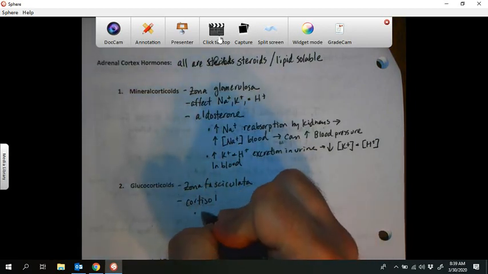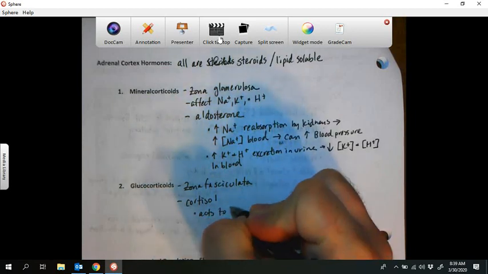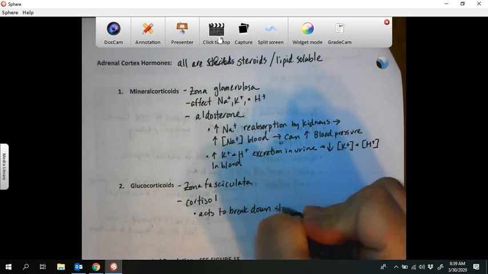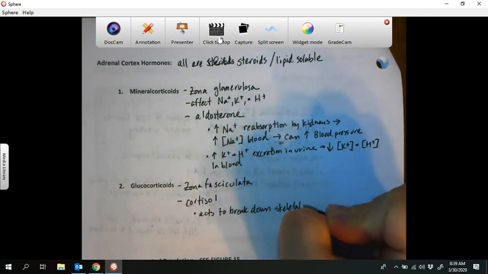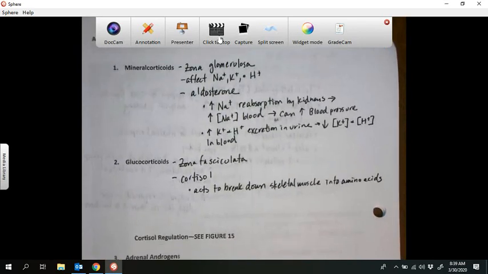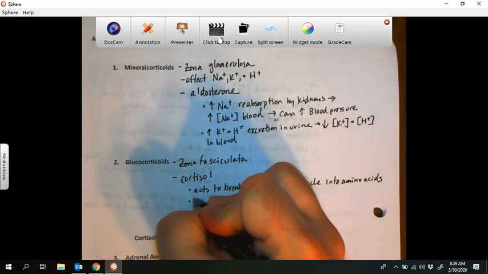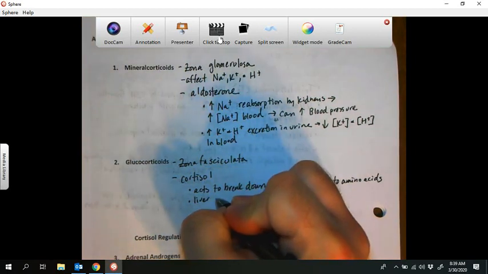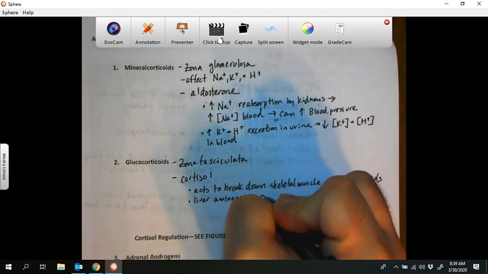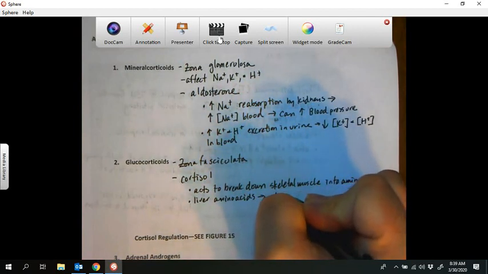Cortisol acts to break down skeletal muscle into amino acids, and then the liver takes these amino acids and converts them into glucose.